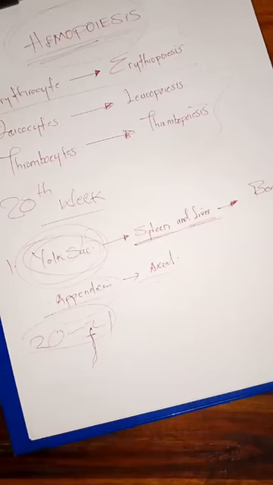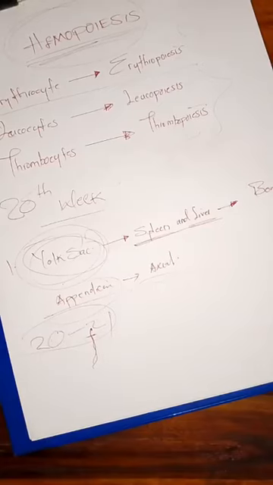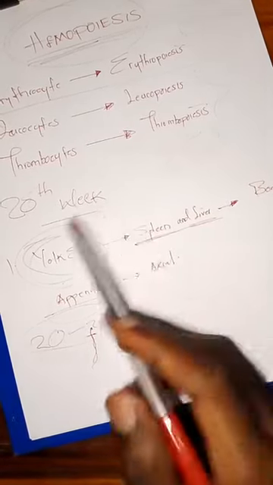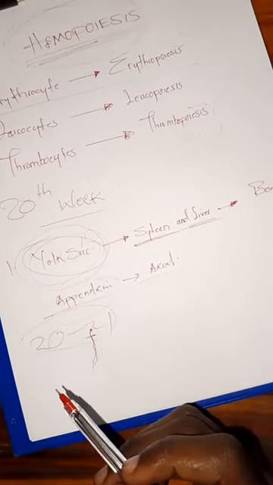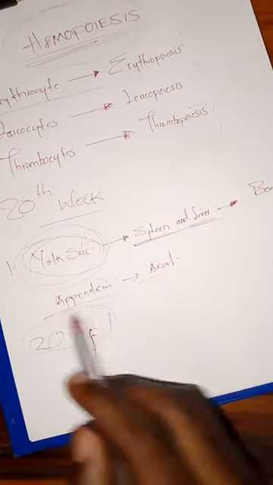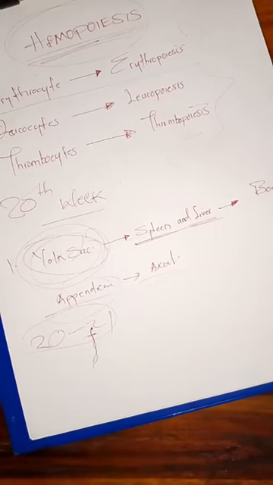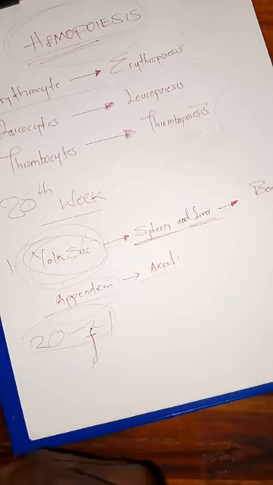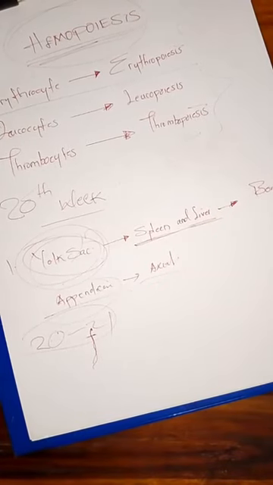During the period when the intraembryonic structures haven't yet developed enough to carry out hematopoiesis, the yolk sac carries out that process. So the yolk sac is the extraembryonic structure, and the liver, spleen, and bone marrow are the intraembryonic structures. The yolk sac is the first site for the formation of blood.